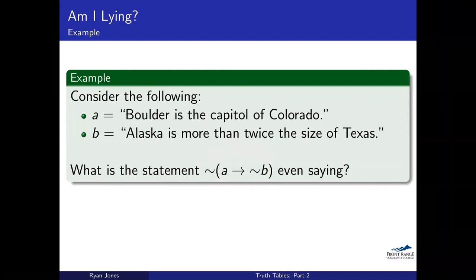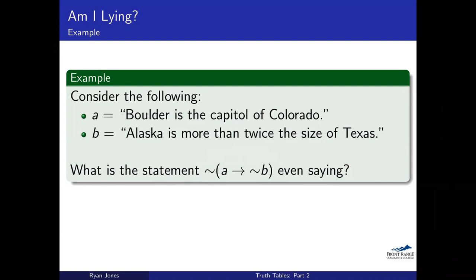B might be a little tougher, and again, I'm not going to tell you whether Alaska is more than twice the size of Texas, because sometimes you don't always know whether a statement is true or false. So I'm not going to tell us whether A and B are true or false.